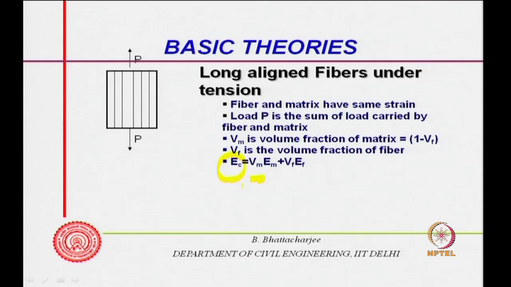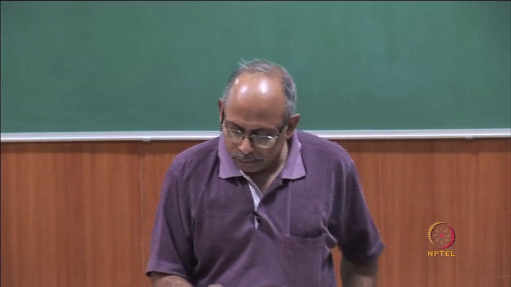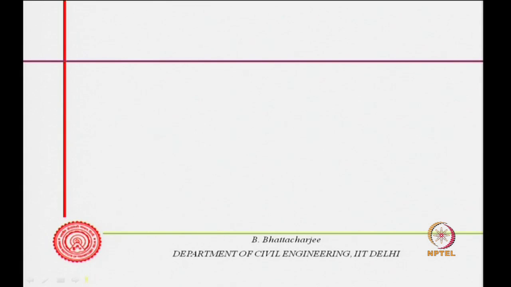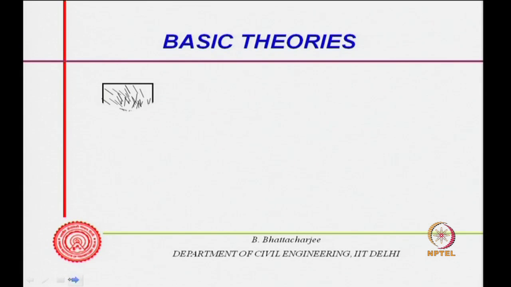How can it be written simply? Because strain is the same. One can actually show that the tensile strength of the composite will be proportional to the stress in the fiber and stress in the matrix, and the volume of the fiber and volume of the matrix. Okay. We will come to this in detail, but just for the understanding, next class we will start from here.